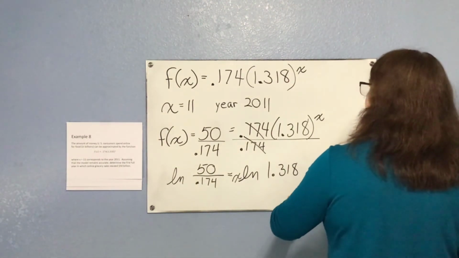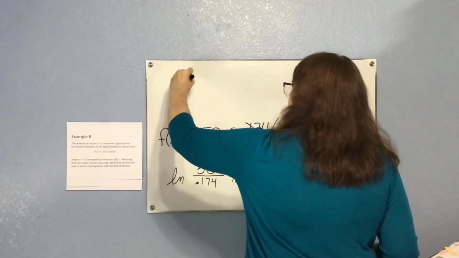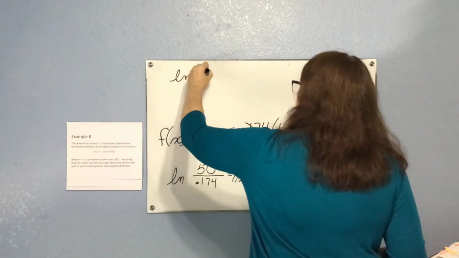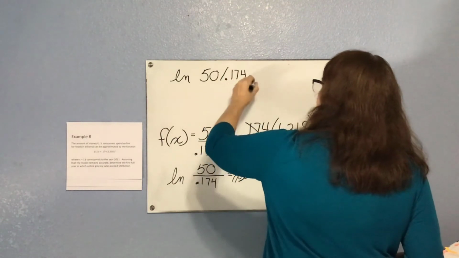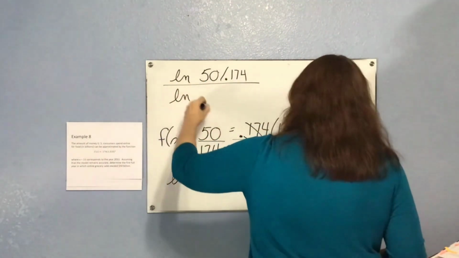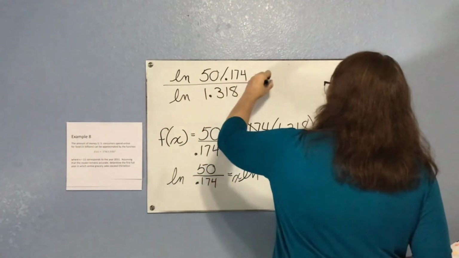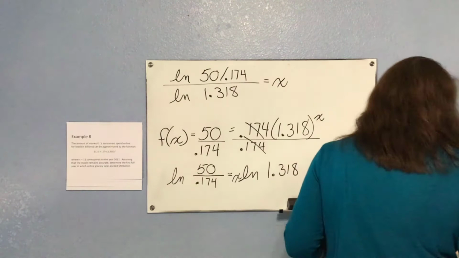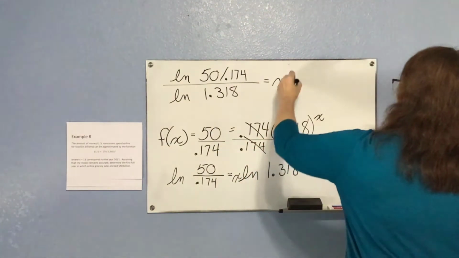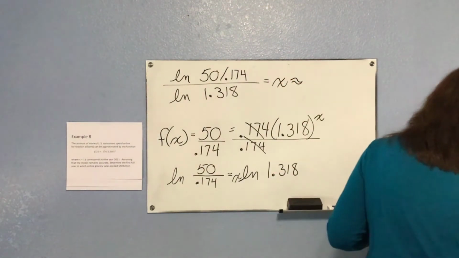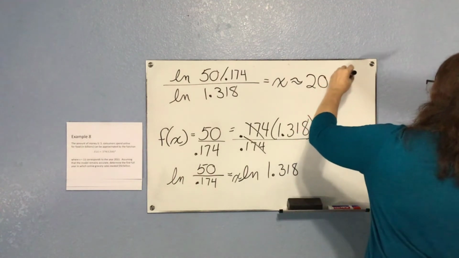So now to solve for x, I'm going to divide by this. I got the natural log of 50 over 0.174 divided by the natural log of 1.318 equals x. And when I put that all in my calculator, I get an answer of approximately 20.5.